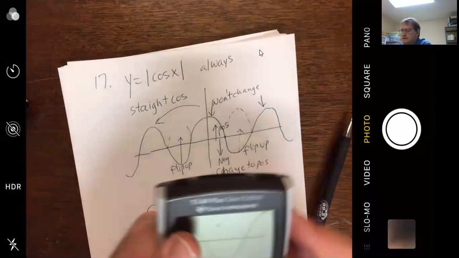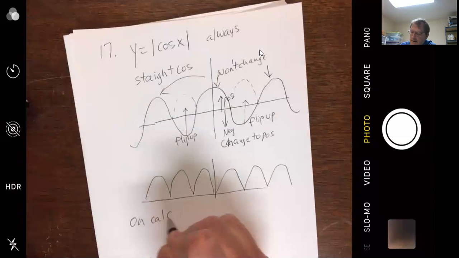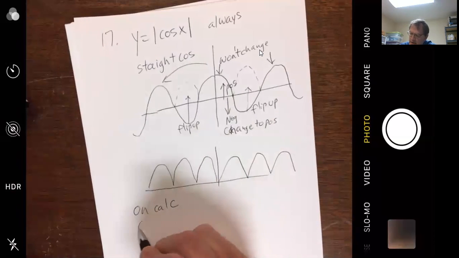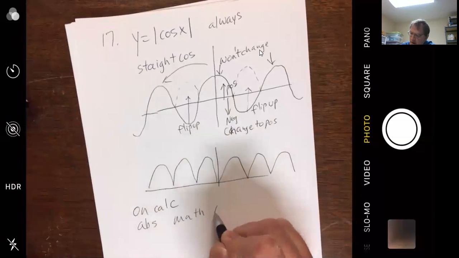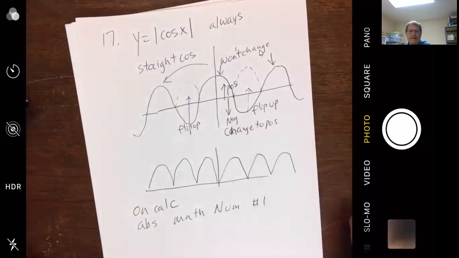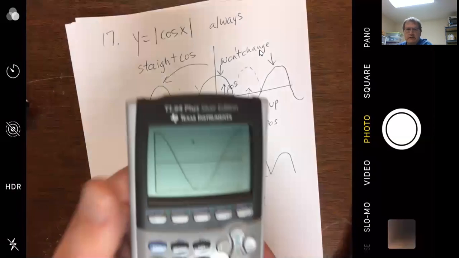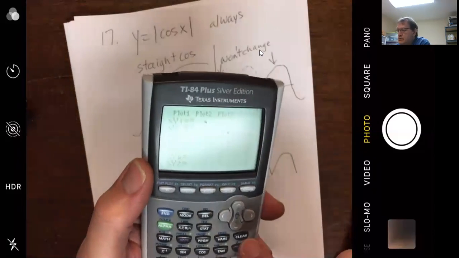All right, now the trick is on the calculator. Absolute value is under math, num, number 1. So y equals, clear, clear.